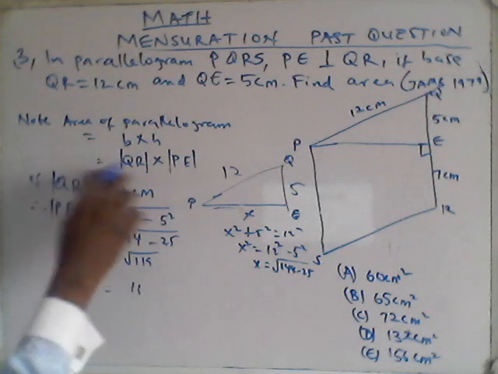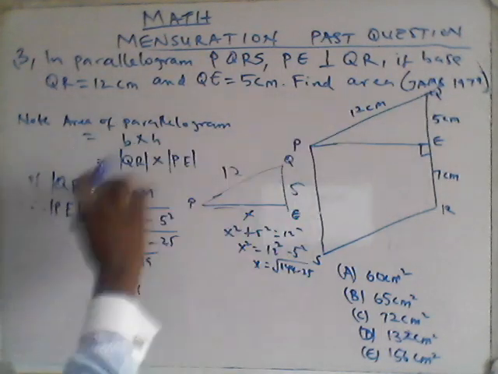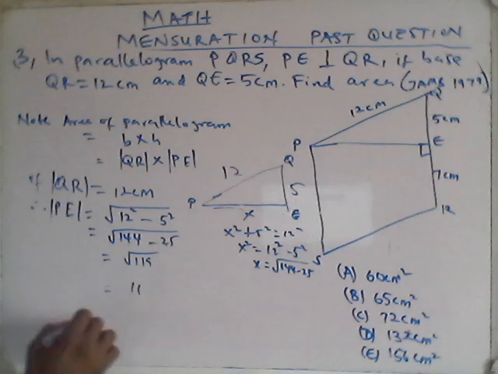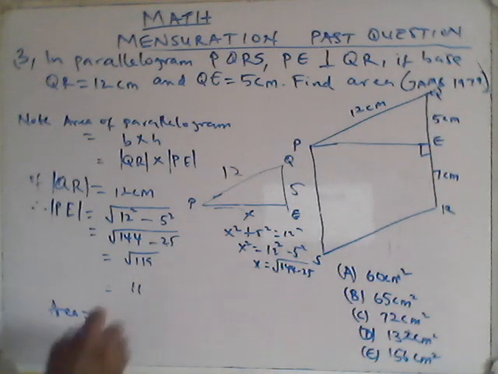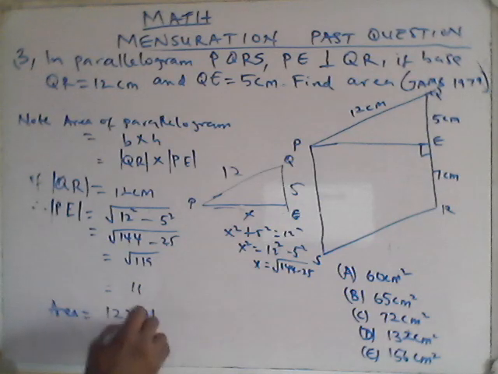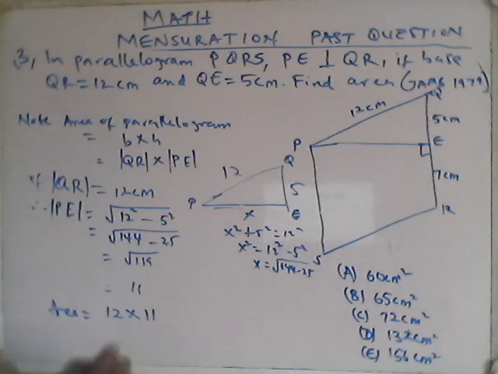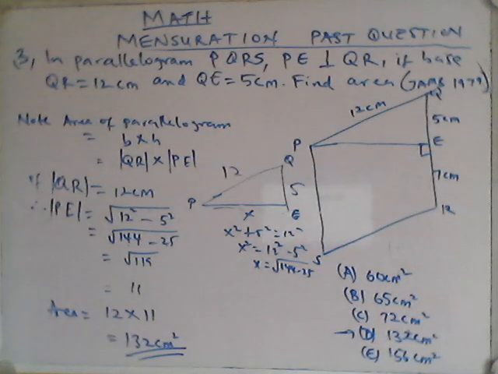I already have my base as 12. QR is 12. So I will say the area of the parallelogram is equal to 12 times 11. It will give me 132 cm, 132 cm what? Squared. So the option is option D. Okay, we'll go to the next question.